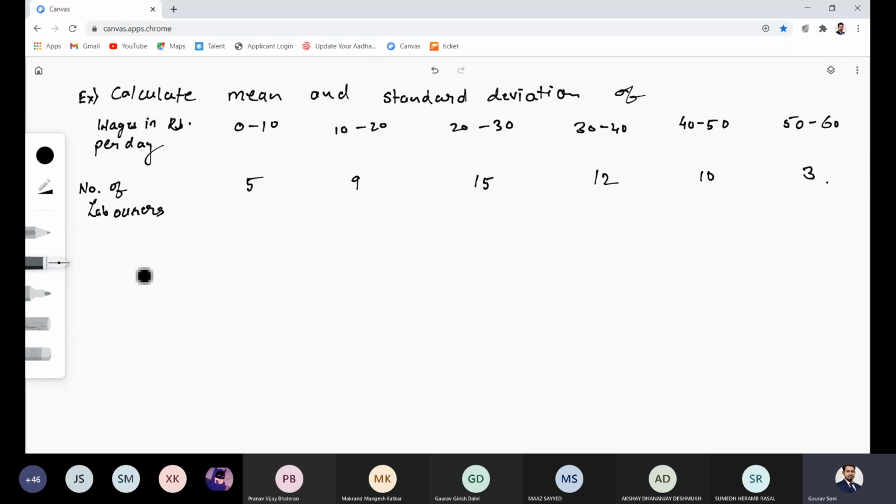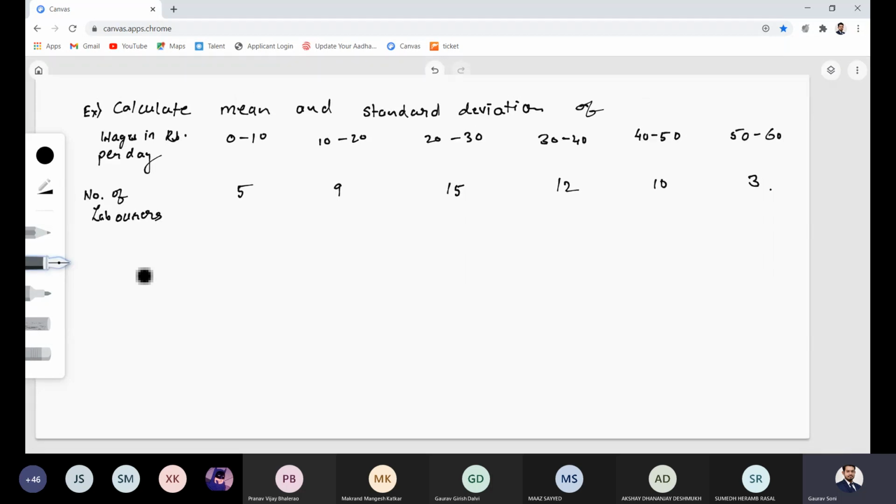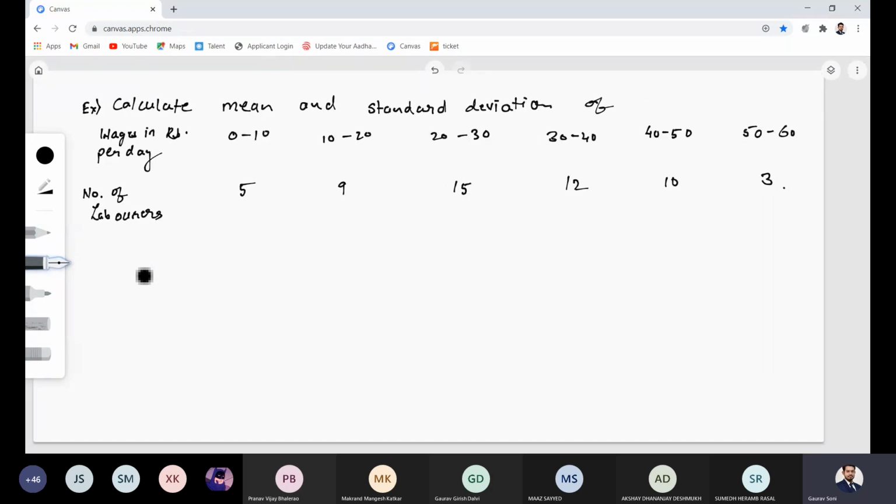So let's make a table of this. We will have class intervals 0 to 10, 10 to 20, 20 to 30, 30 to 40, 40 to 50, and 50 to 60.